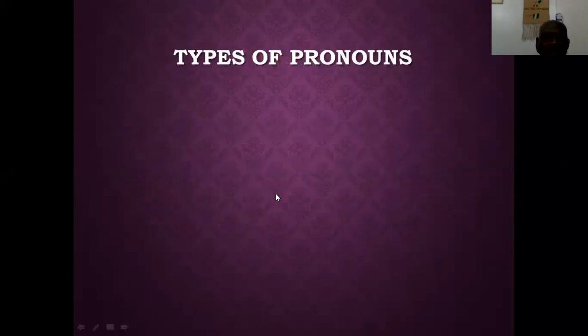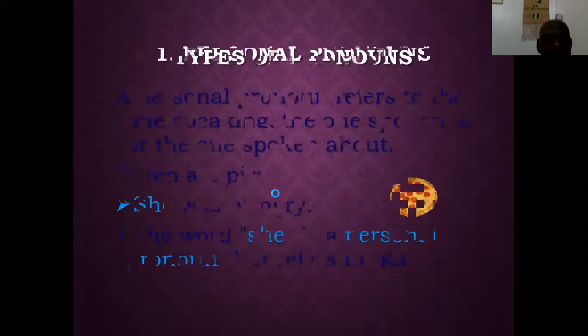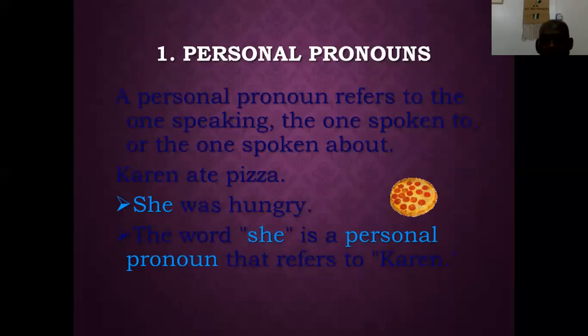Now let's proceed to the types of pronouns. We are going to start with personal pronouns. A personal pronoun refers to the one speaking, the one spoken to, or the one spoken about. Let us look at the example. Karen ate pizza.